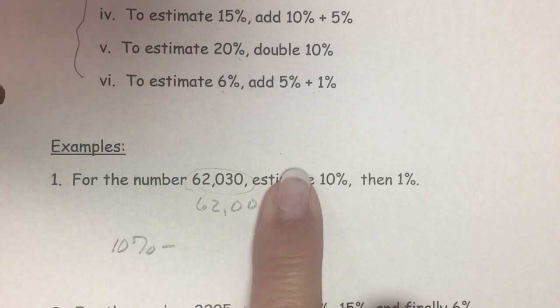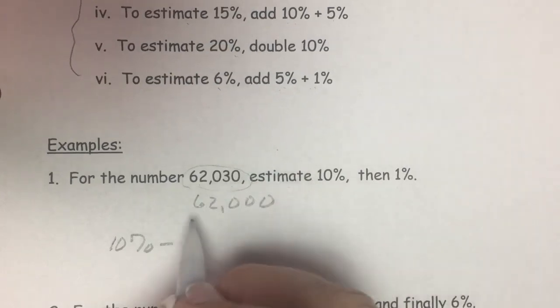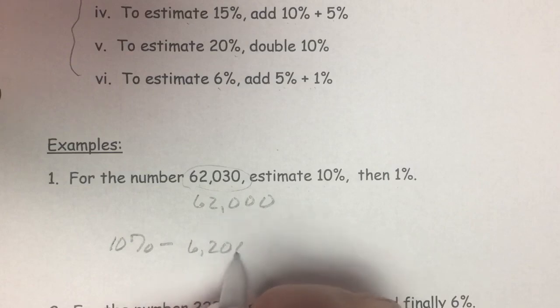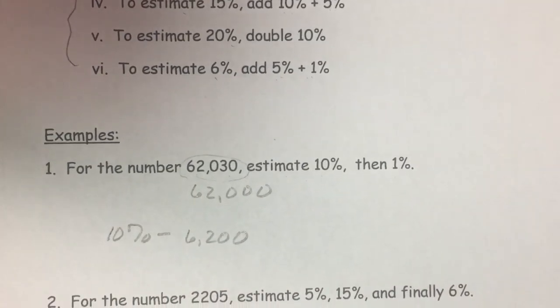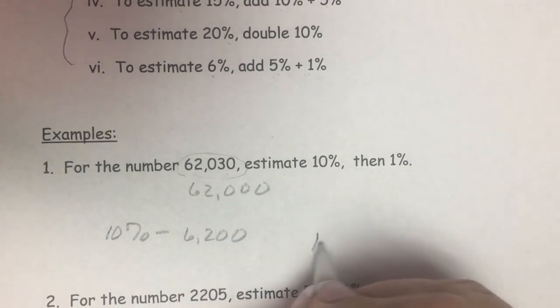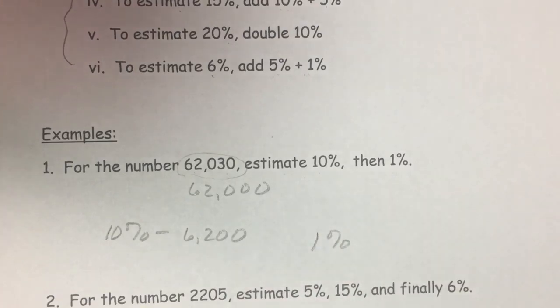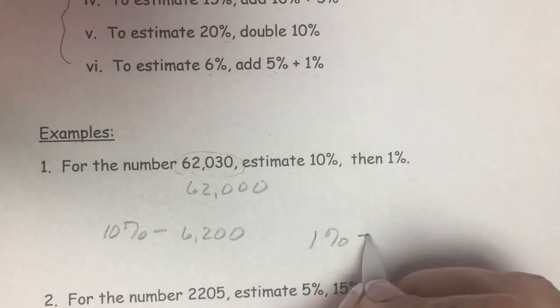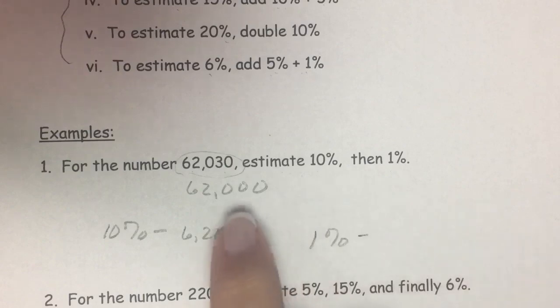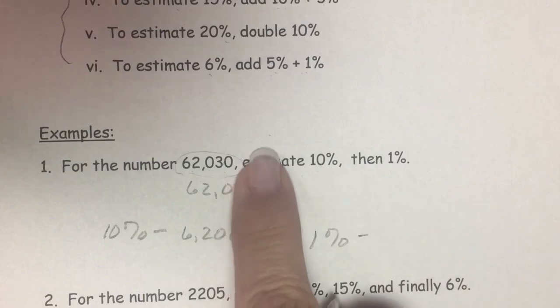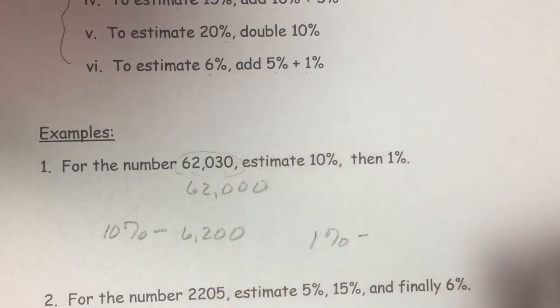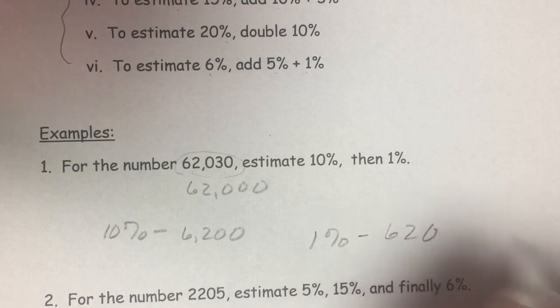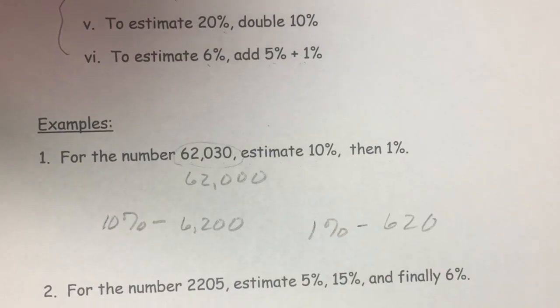So 10% of 62,000 would be 6,200. And then if I want to estimate 1%, you just chop off the last 2 digits. If I chop off the last 2 digits, you can see I'm going to get 620. And that's all there is to it.